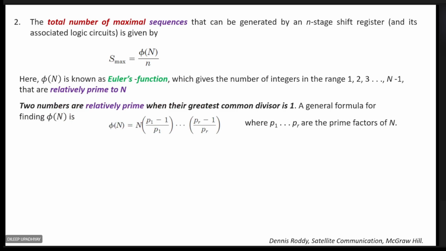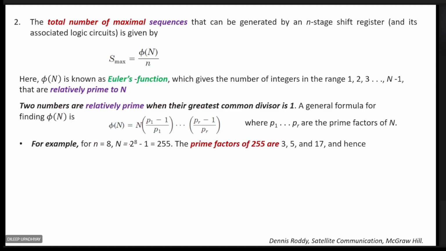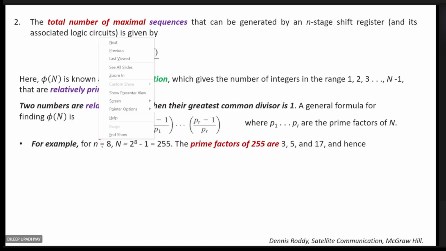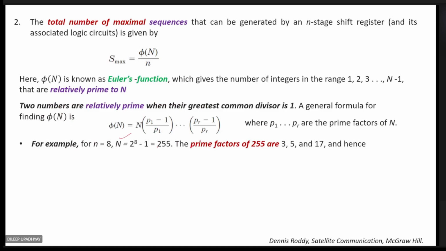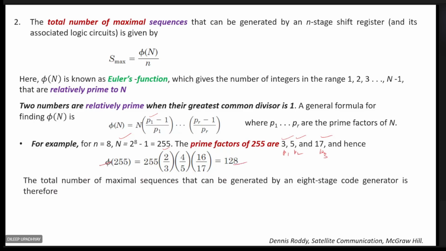We can calculate it with the help of this formula, where p1, p2, ..., pr are the prime factors of N. For example, if the number of flip-flops is 8, then N will be 255, and the prime factors of 255 are 3, 5 and 17. We can calculate phi(255), which comes out to be 128, and phi(255) divided by 8 is 16, so a total of 16 maximal sequences are possible.